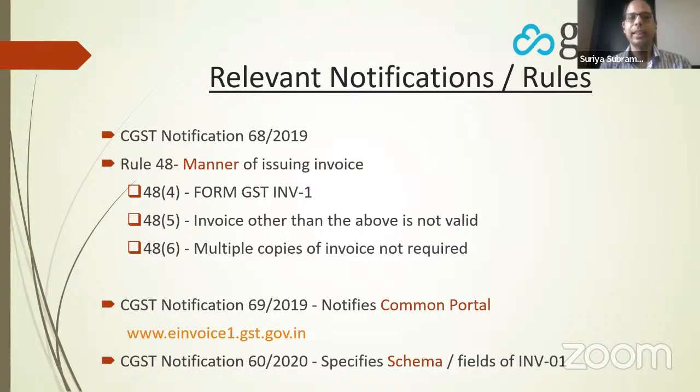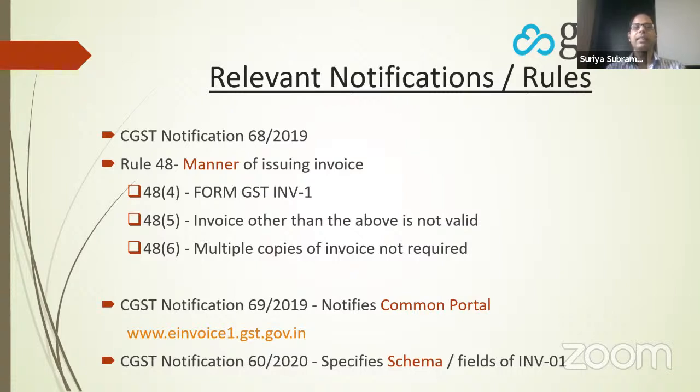Let us also see the other relevant notifications. The most important notification that gives rise to the e-invoicing system is CGST notification 68/2019. This notification makes a change to Rule 48. It adds 3 sub-rules, 4, 5 and 6. What does sub-rule 4 say?